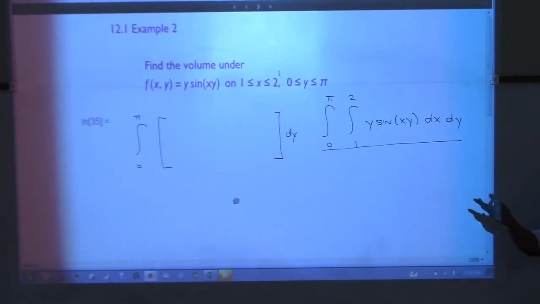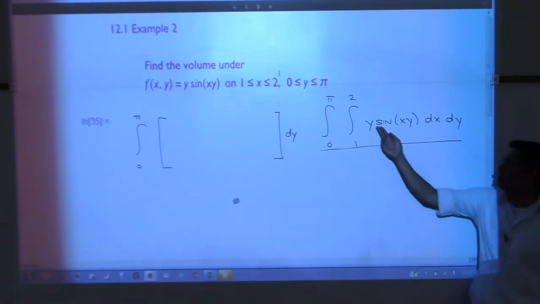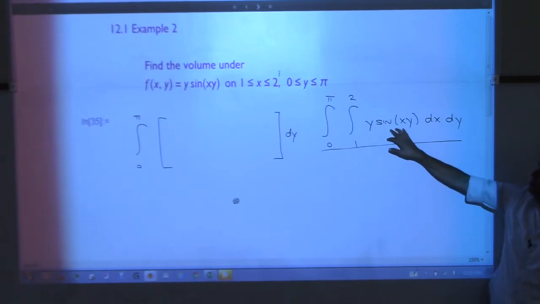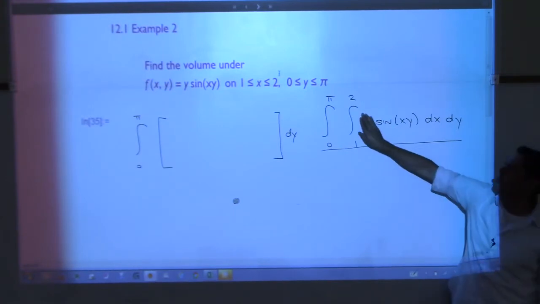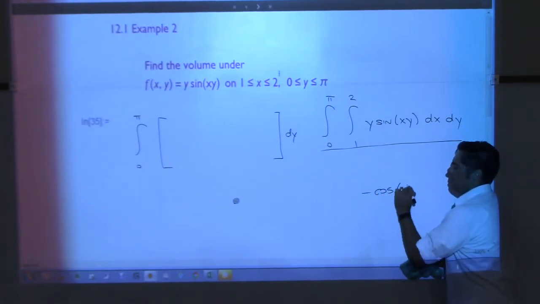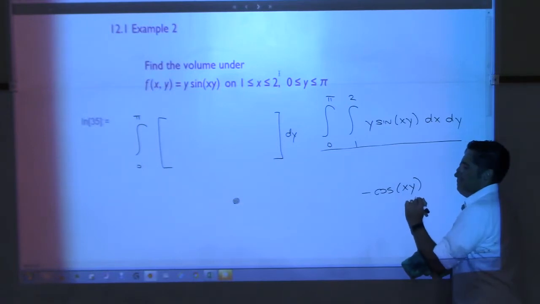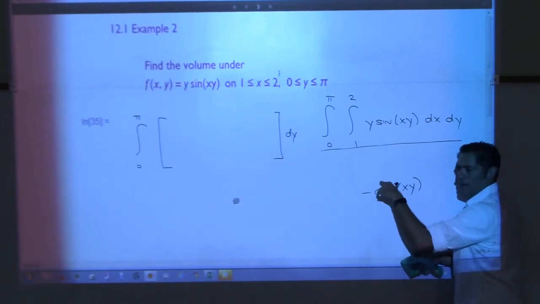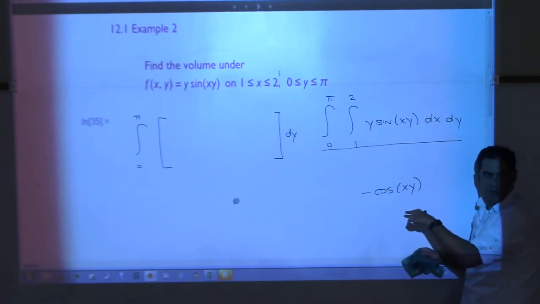You could pull the y out completely, yes, because it is a constant. And then just integrate sine xy. I'm just going to cover it up. What's the antiderivative of sine of xy with respect to x? Negative cosine of xy, but you have to have a 1 over y out front or divide by y.